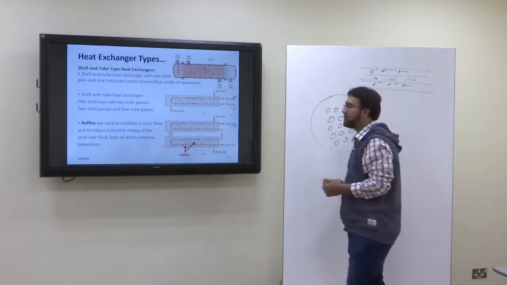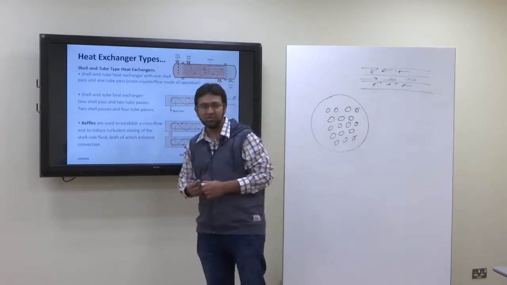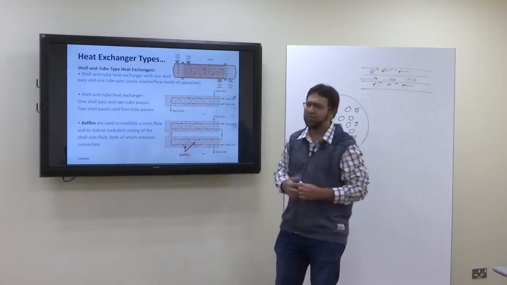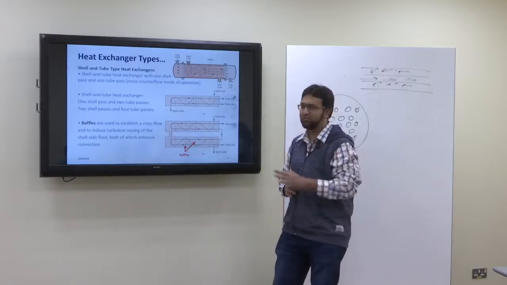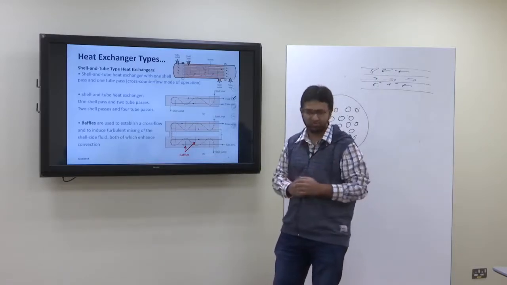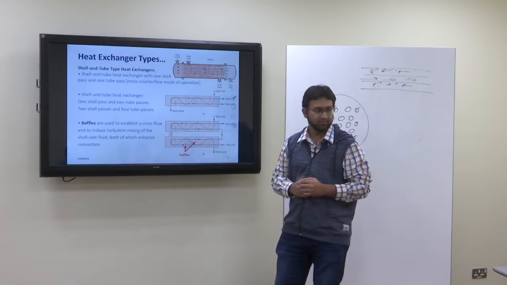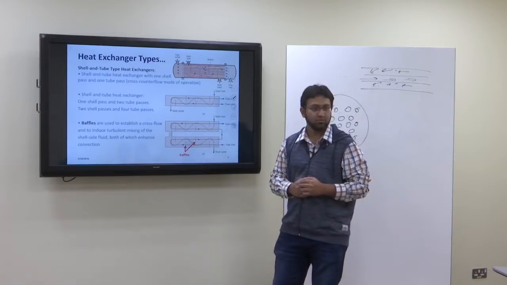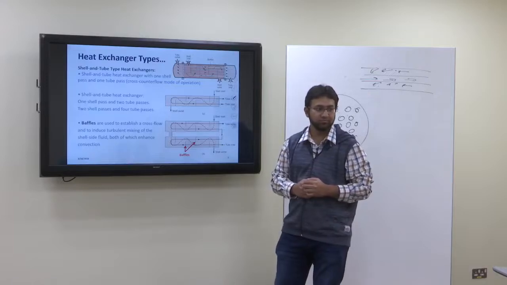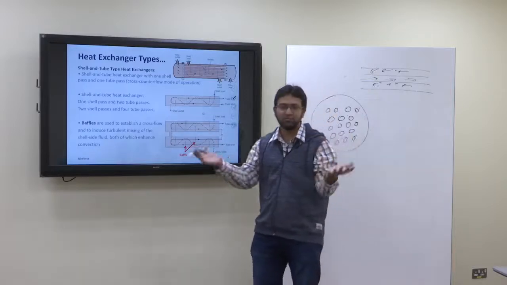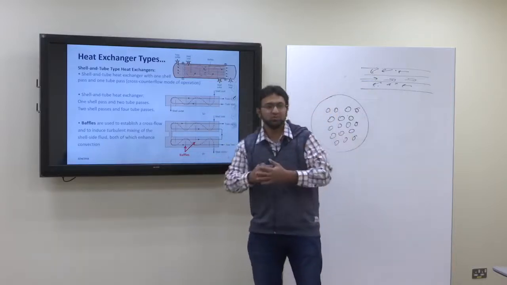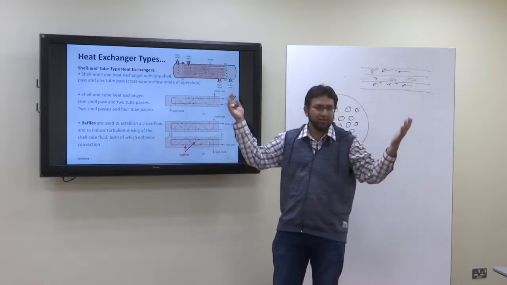This is known as a shell and tube heat exchanger. It is one of the most common types of heat exchangers you will find in industries. We will study the uses of these things. Using means what? Application. All of the heat exchangers, look, application is too varied. You can apply it anywhere.